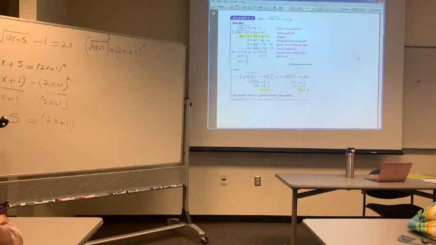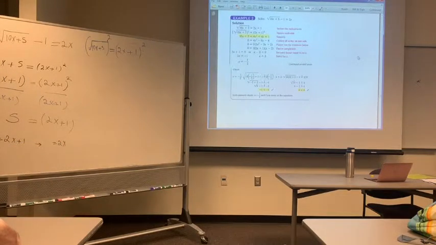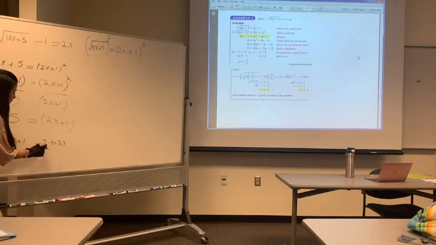So now how easy is that to solve 2x plus 1 equals 5 for x? It's so easy, huh? So 2x is equal to 5 minus 1, the 1 goes to the other side as negative 1.